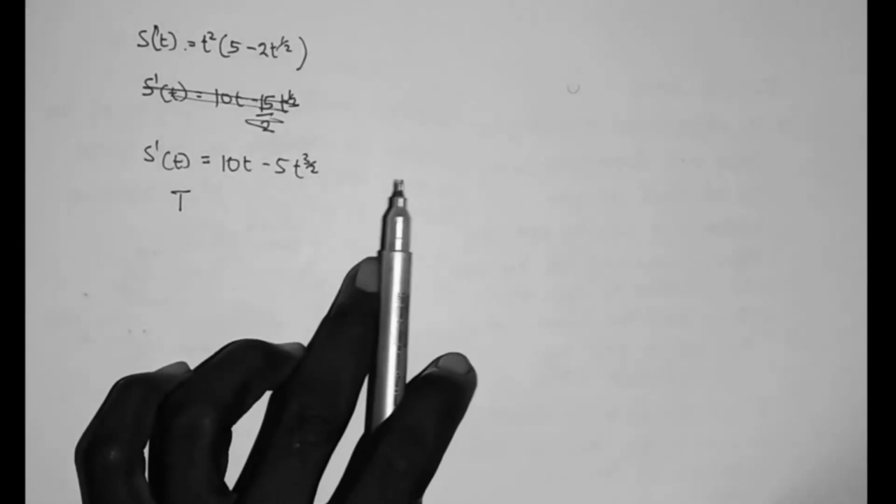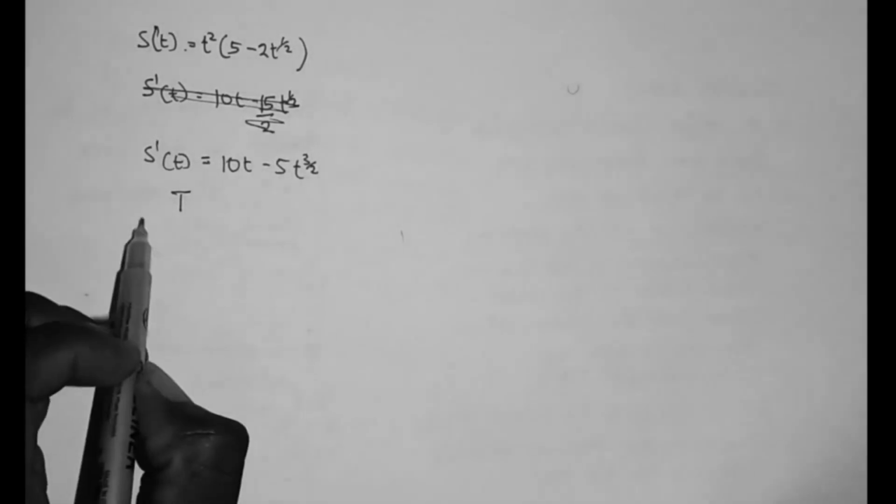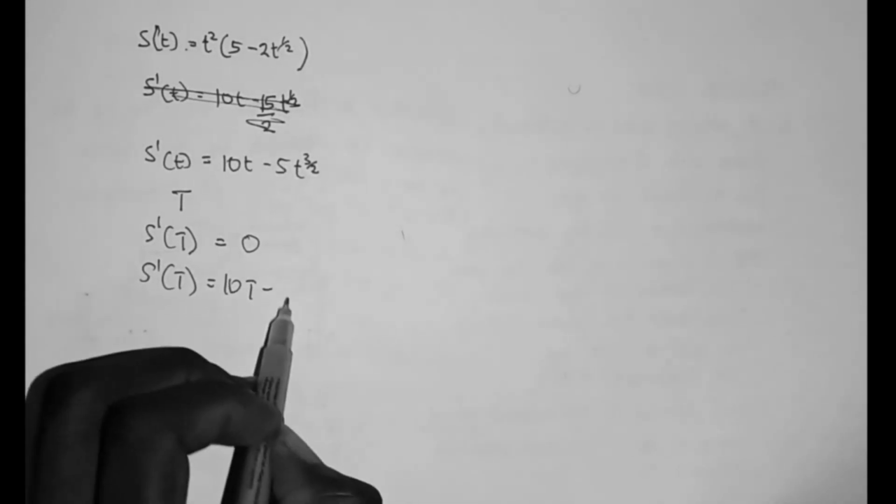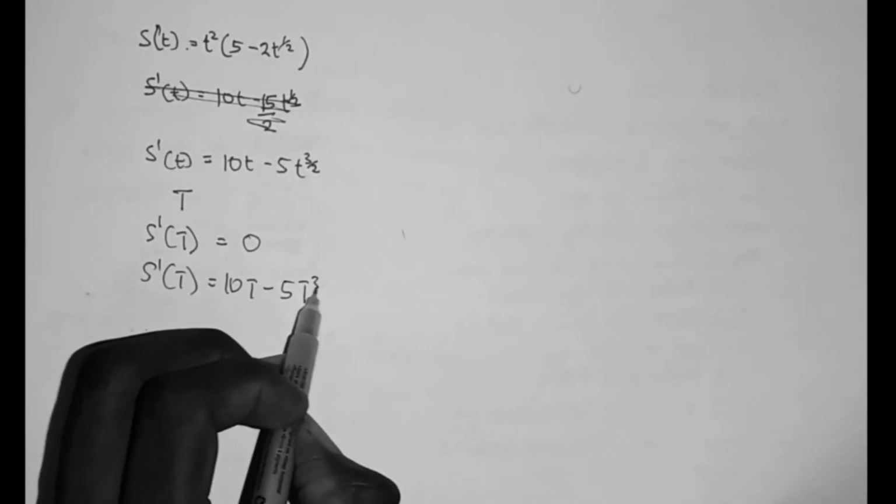Capital T is the time at which the particle comes to rest, so it means that s prime of capital T is equal to 0. So let's find s prime of capital T, which is 10t minus 5t exponent 3 over 2.